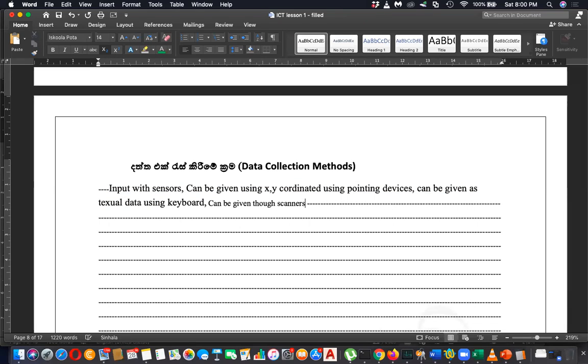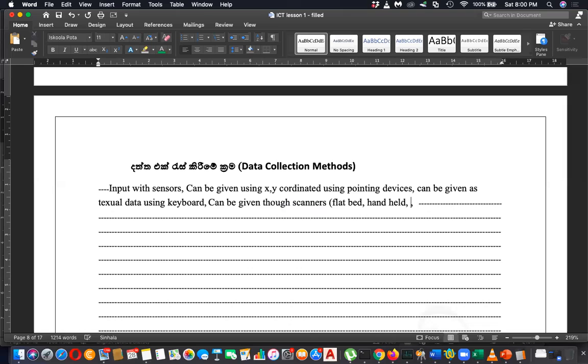There are different scanners. What are the different scanners that you know? Please talk, contribute. Yes? Flatbed scanner, that means the normal scanner, and you have handheld scanners. These are types actually.